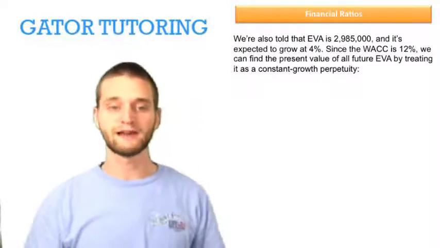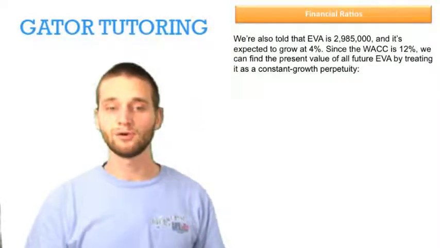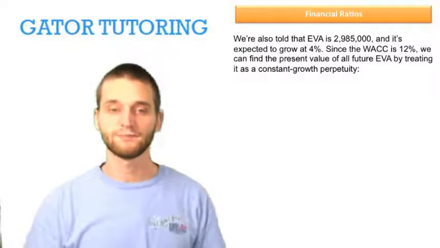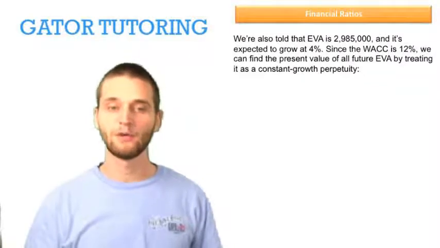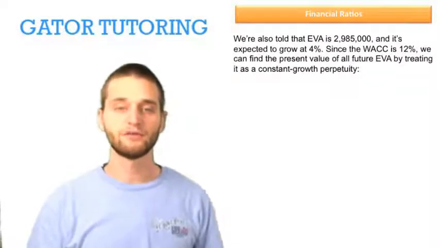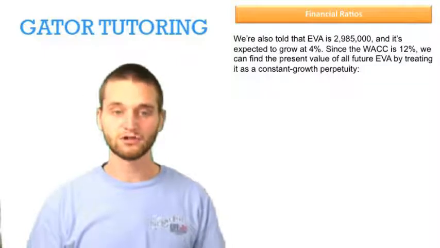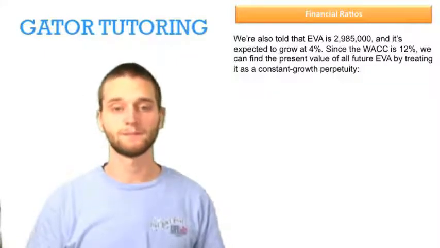Well, now we have to find the present value of all economic value added. We're told that the economic value added next year is $2.985 million, and it's expected to grow at 4%. Since the weighted average cost of capital is 12%, we can find the present value of all future economic value added by treating it as a constant growth perpetuity.